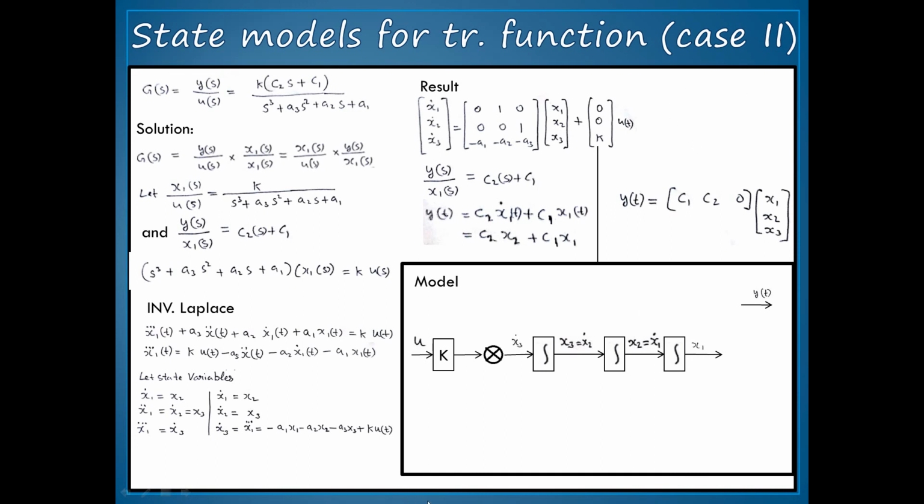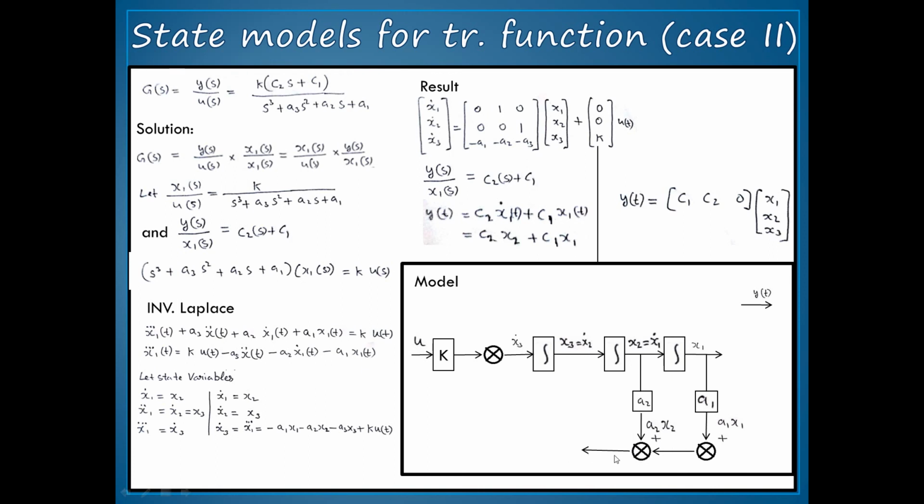So similarly, for the first part, as we see a1 multiplied by x1, we will get the value a1 x1, and after the summing node, a2 is multiplied with this x2, and we get this value a2 x2, and this summation sign.